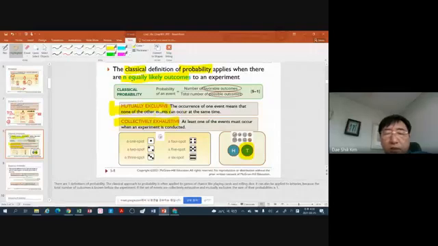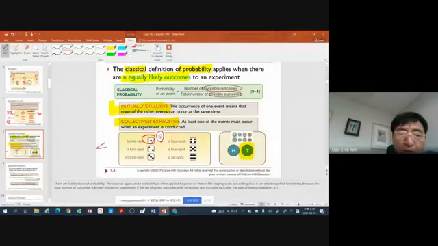Mutually exclusive means occurrence of one event means that none of the other events can occur at the same time. What does it mean? When you roll a dice, one will appear on the top.